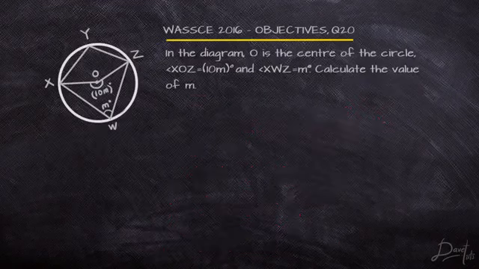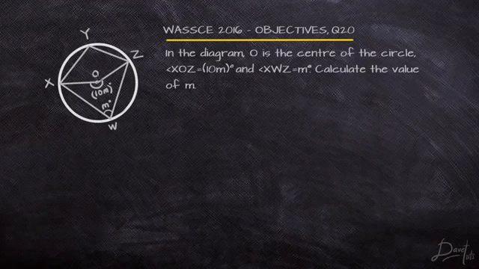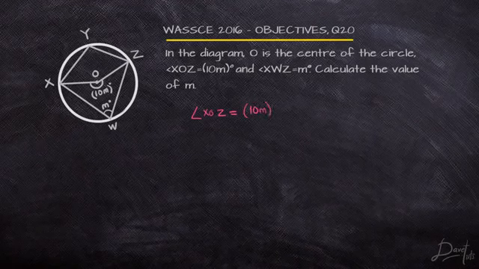Okay, now looking at this question, we're asked to find the value of M, and we're given the angle at the center as 10M facing downwards and the angle at the circumference facing upwards as M degrees.